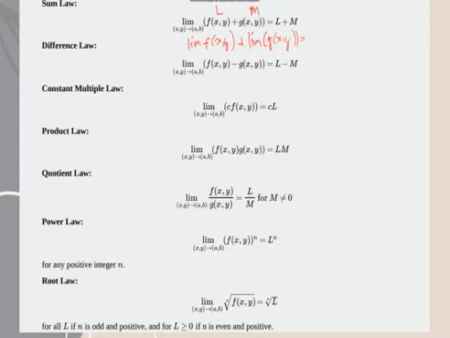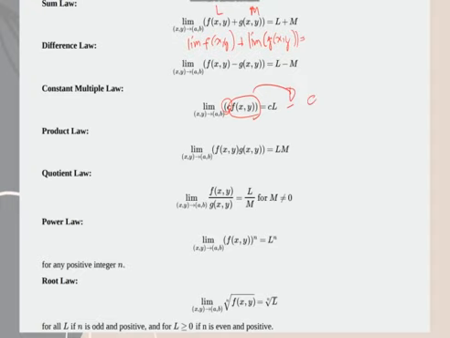And next, we have the constant multiple law. The constant multiple law, class, means that whenever you see a constant or any number, you can multiply it directly to the result of your function. In some cases, we can pull it out.